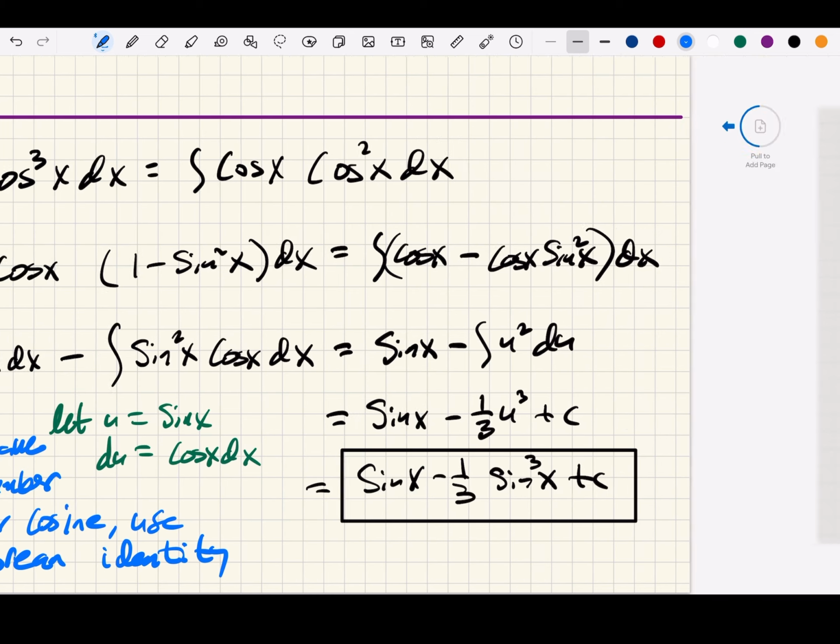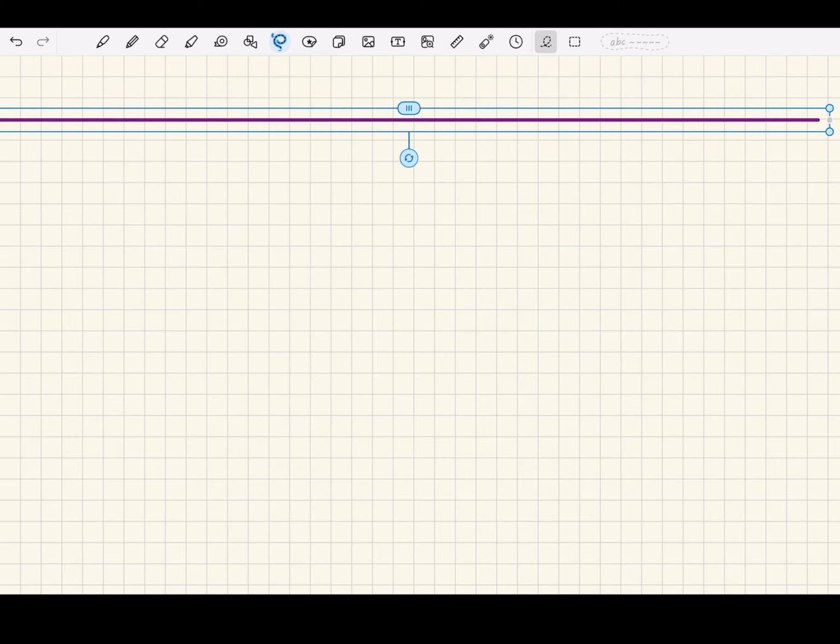But, you say, what if I don't? What if I have something like the integral from 0 to pi of sine squared x dx? Here I have an even number. When all of them are even and I don't have an odd number, I'm going to use a half angle formula.